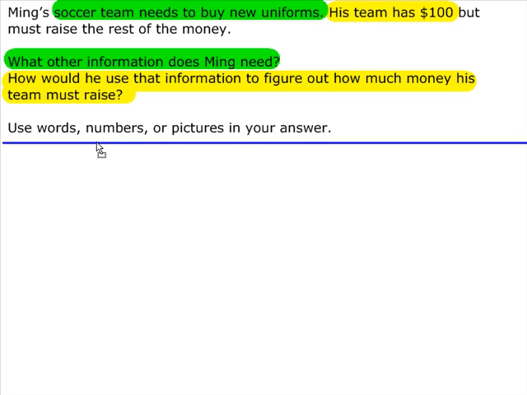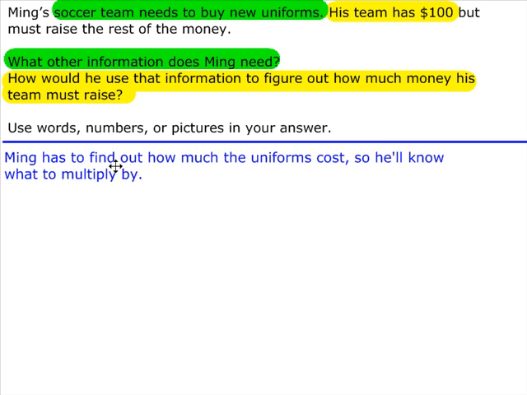All right. Well, let's see. We know the team has $100 and must raise the rest of the money for the new uniforms. Well, first of all, Ming is going to need to find out how much the uniforms cost, so he'll know what to multiply by.